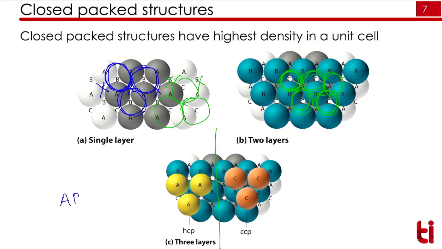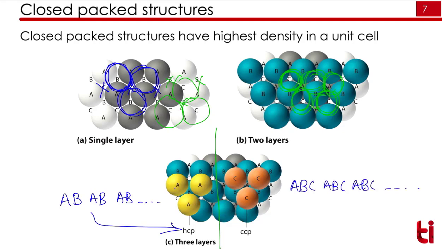So you will get A, B, again A layer, again on top of that B layer, AB, AB, AB. This is the layer sequence. This layer sequence gives you the HCP structure, that is hexagonal structure. And if you have a sequence of layers as ABC, ABC, ABC and so on, you will get a CCP structure or FCC, that is face centered cubic structure.